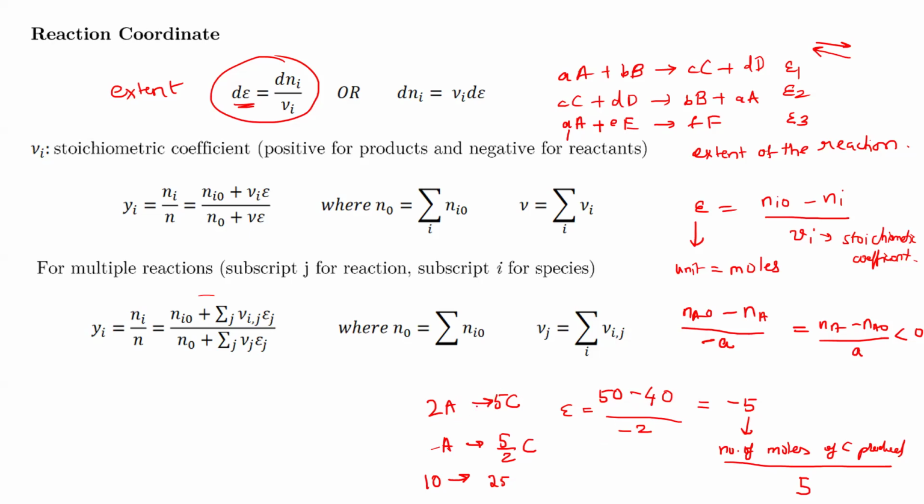In that way, 10 moles of A have reacted. If I write the same reaction as A gives 5 by 2 C, then 50 minus 40 by minus 1 gives extent equal to minus 10.